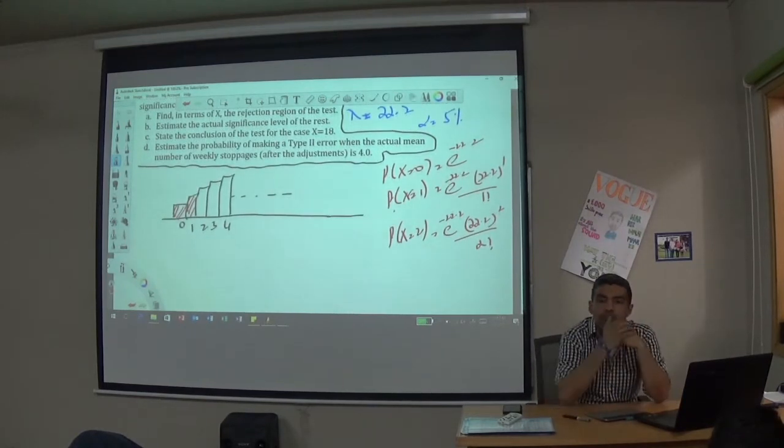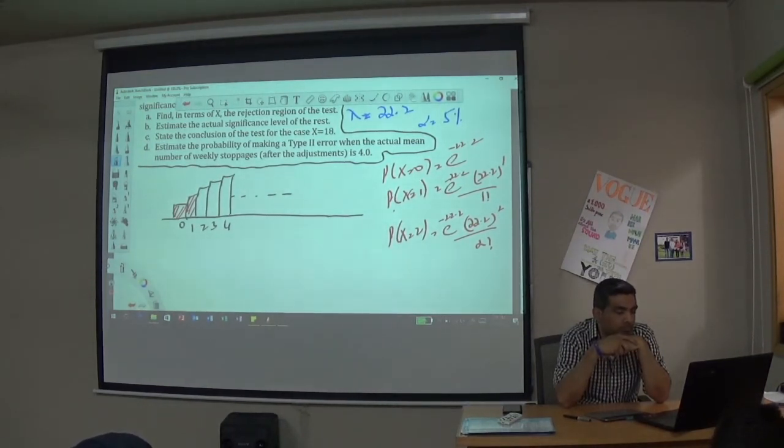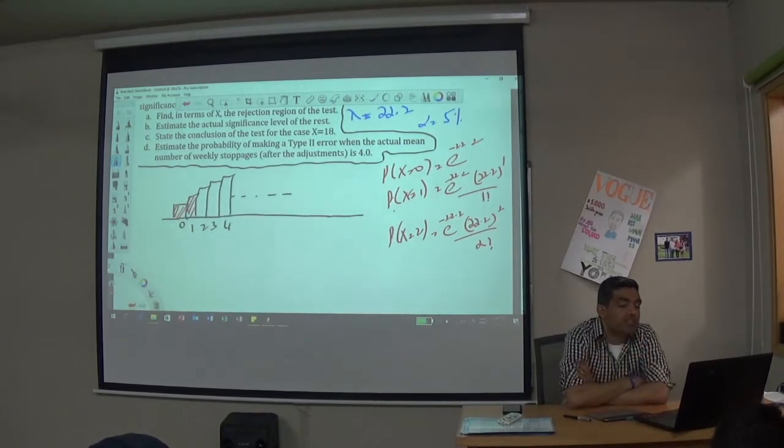Sir, the lambda value is above 20, so shouldn't we do it by a normal approximation or is this okay? No, we should use normal also. Listen, can you just add and see what's coming out here?